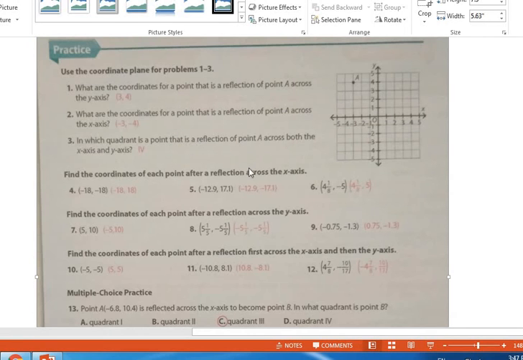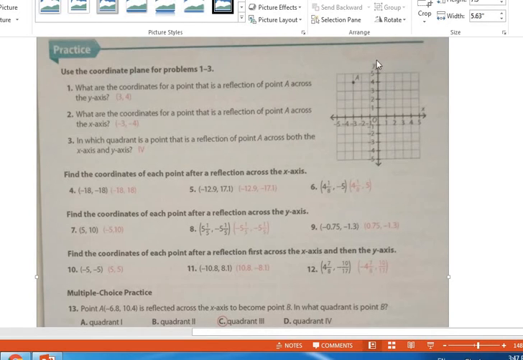So here in the practice book, use the coordinate plane for problems 1 to 3. What are the coordinates for a point that is a reflection of point A across the y-axis? I have the same distance.